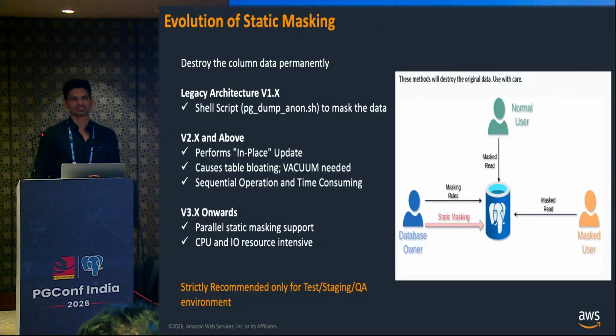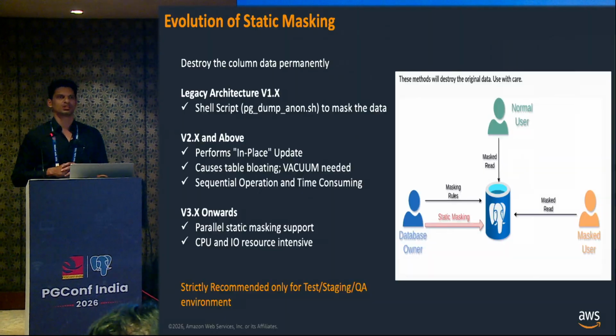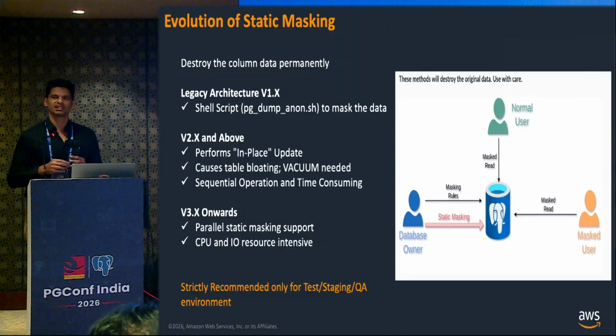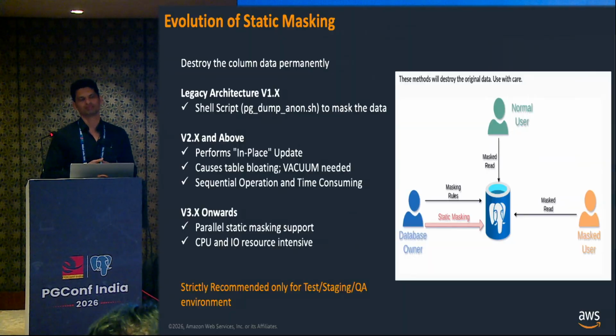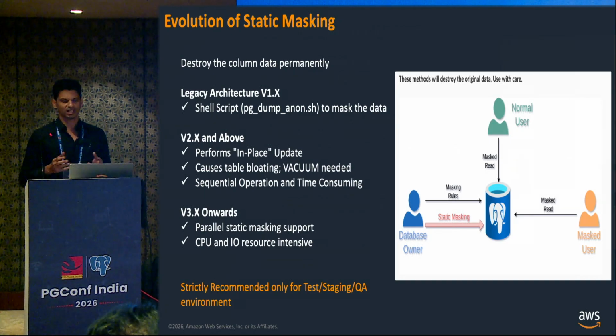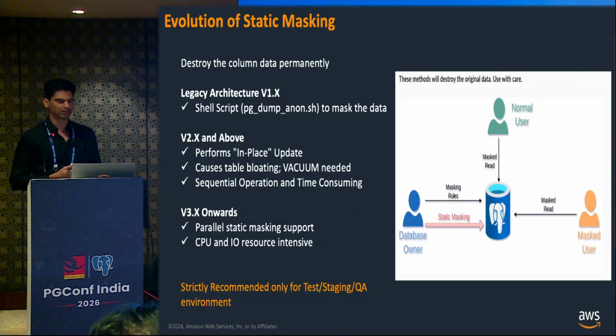Then we have static masking. Static masking is nothing but it modifies your data in the table directly. Basically, it destroys the data with replaced values. It is irreversible. You cannot revert the data because the changes are permanent.